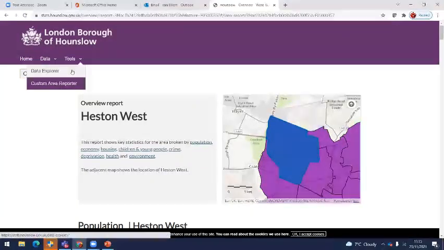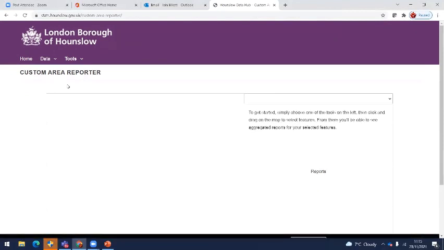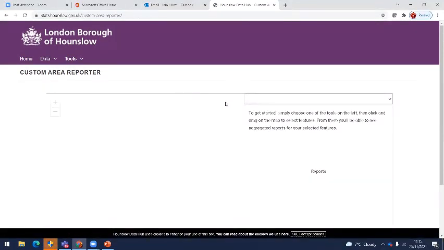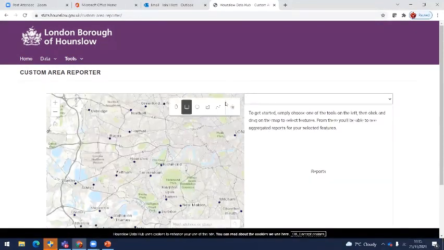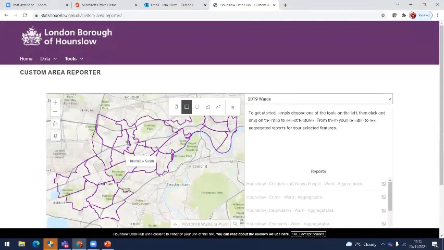You can also create your own particular area if you wanted to look at a particular area that you're wanting to focus on yourselves.